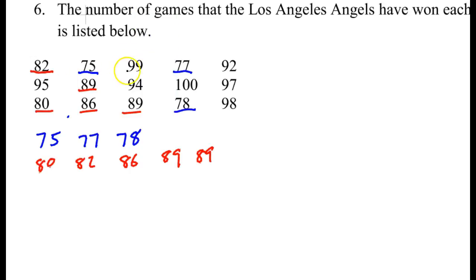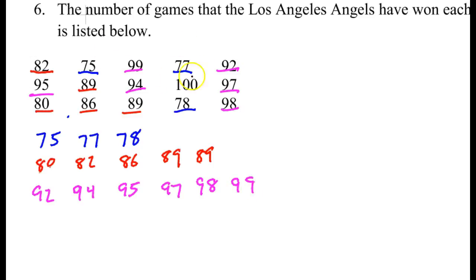Do the 90s. We got 92, 94, 95, 97, 98, 99. And then lastly, there's a 100.